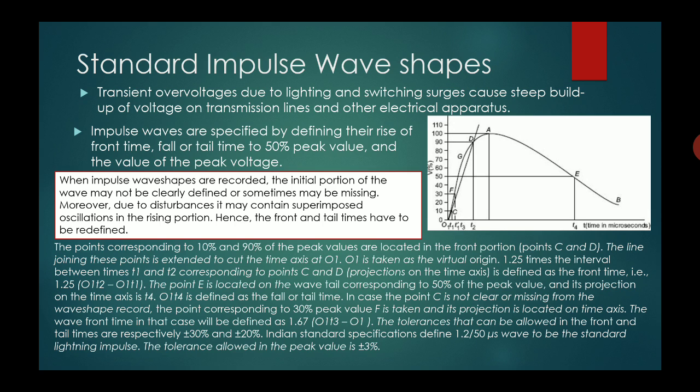The line joining the points is extended to cut the time axis at O1. So if you join C and D, it will cut the time axis at the point O1. O1 is taken as a virtual origin. Okay, so we are actually defining an impulse here.